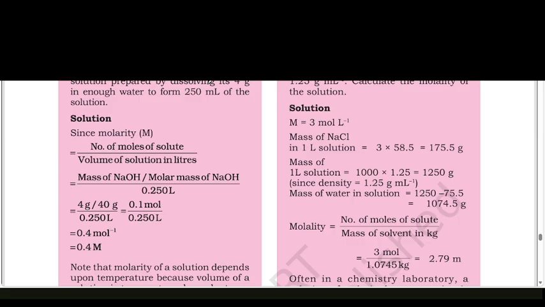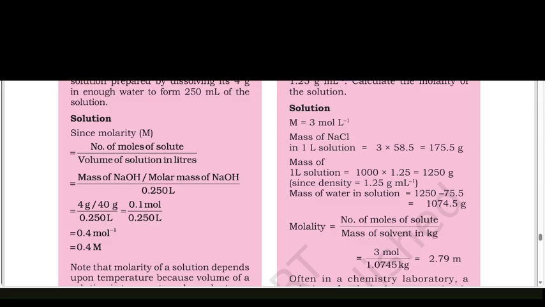Okay, then here problem 1.8. The density of 3 molar solution of NaCl is this much. Calculate molality. So mass of NaCl equals 58.5 into 3, because it is a 3 molar NaCl solution. So 175.5 gram, and the mass of the solution will be 1250 as we multiply 1000 with 1.25.